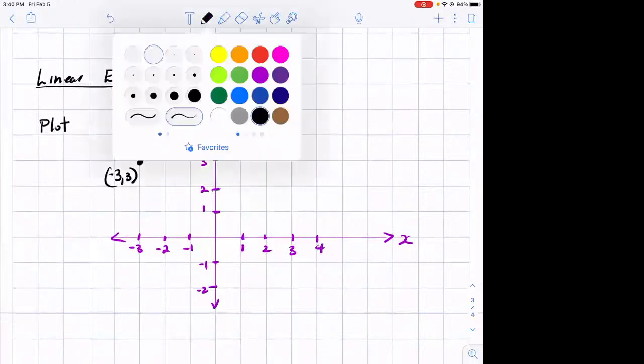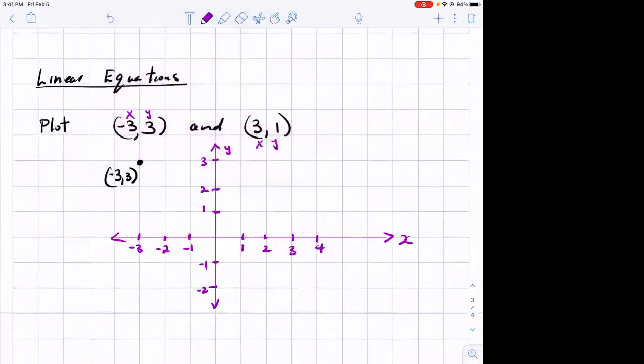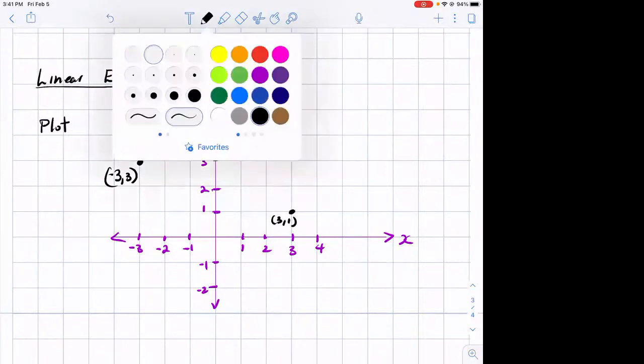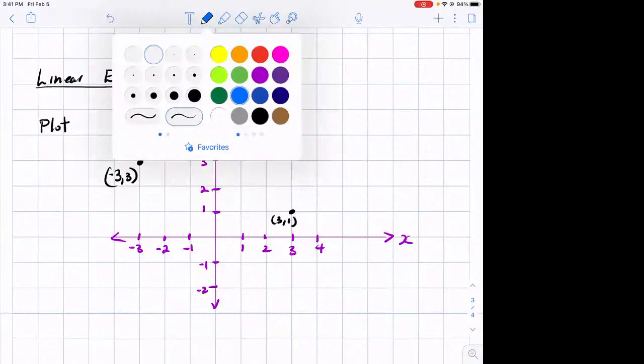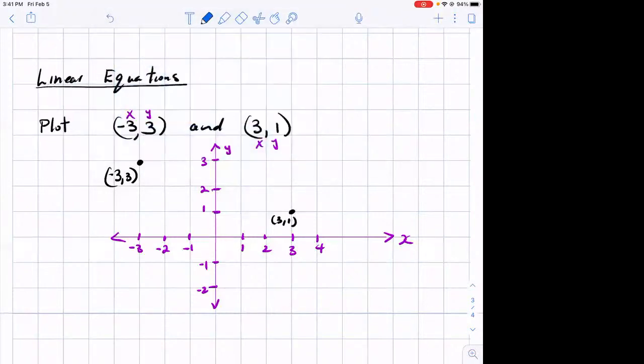Then same idea for the next, this is x and it's y, so x is now 3 and y goes up 1, so here is the point 3, 1. Now, if we connect those two dots, you will notice that we have a straight line, okay, and that line is continuous.